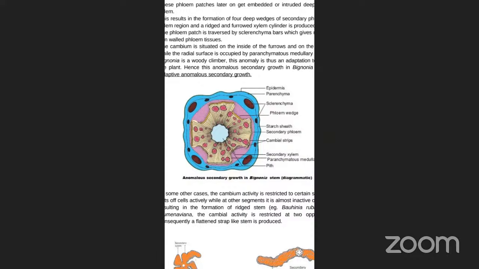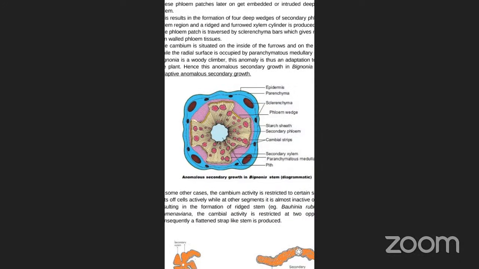In each ring, some environmental effect on the plants shows abnormal conditions, with more amount of secondary phloem than secondary xylem.